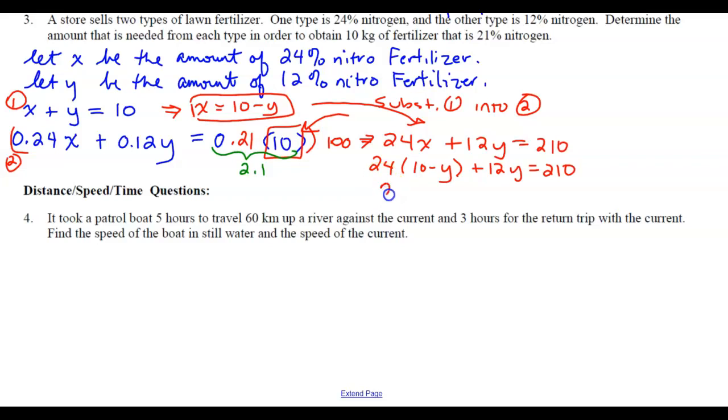So that's 240 minus 24y plus 12y equals 210. I needed to give you more space here. What's that? So negative 12y equals, what's negative 30, I think?